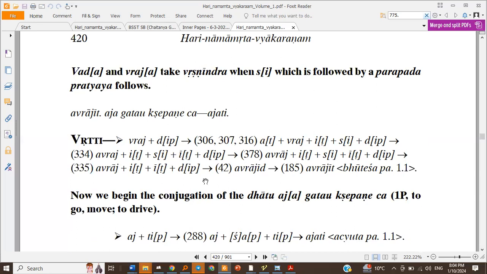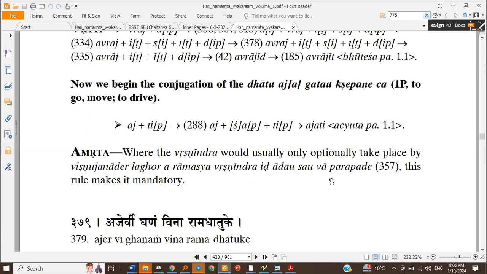So we put Vrishnendra and then Astasya Bhyami Dipsipoho. This eat is inserted and it has the lopa iti and then Dashavatare Katmake Militva Trivikramaha. So we get Avrajit, and so on.